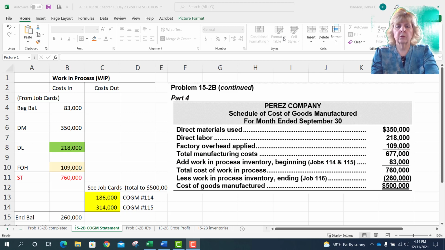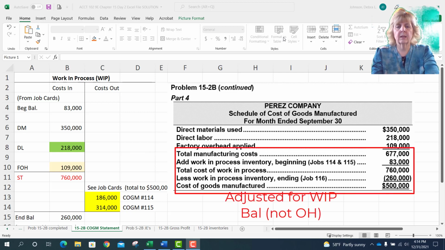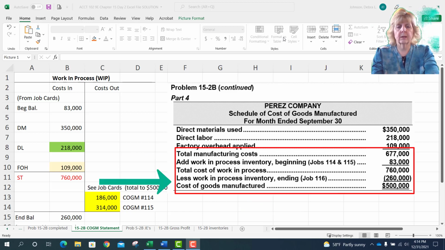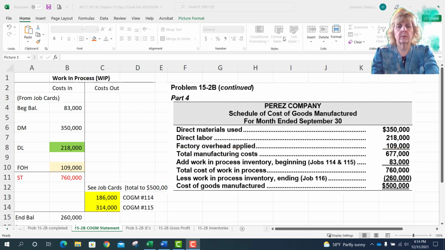The sum of those 3 costs gives you the total manufacturing cost line item, and then the account is tweaked for beginning and ending WIP, resulting in the same 500,000 credit to work in process that we showed in the T accounts through the transfer of the costs of 2 different jobs. Take a moment, make sure that you are prepared to do this schedule on the exam.